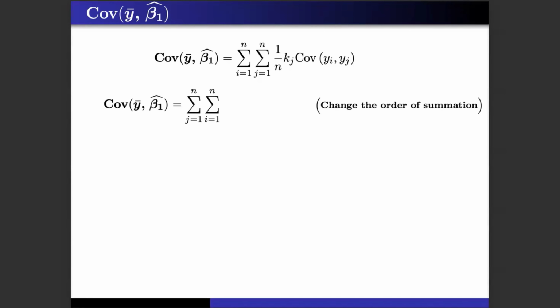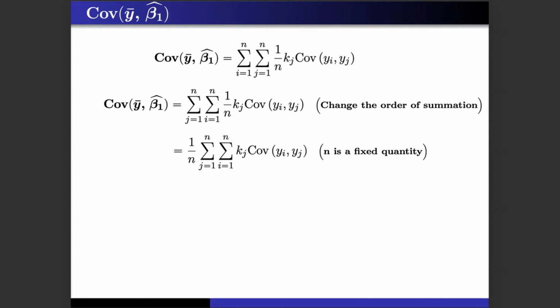So now we have first written summation over j and then summation over i. And all the other terms, we write as they are. And now if we look at this line, n is the number of observations and the number of observations is going to be a fixed quantity. So we pull out that fixed quantity of both the summation signs and we have 1 divided by n summation over j, summation over i, kj covariance between yi and yj.